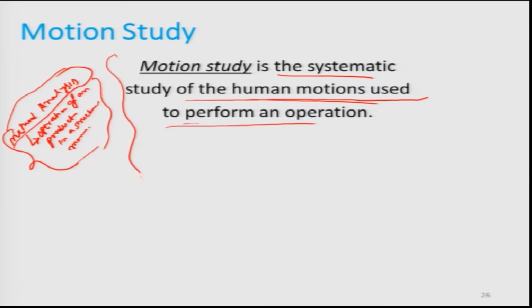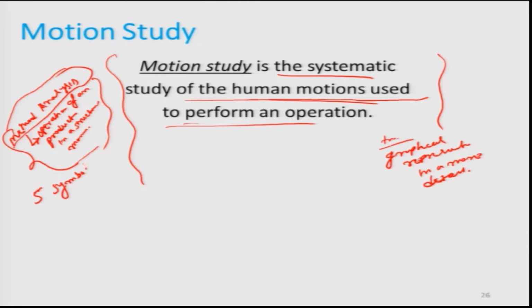Again, it is a type of making a chart in a process for work design, but in a different way. Here you will also count time and use a graphical representation in more detail, because in method analysis only 5 symbols were used to design a work system.